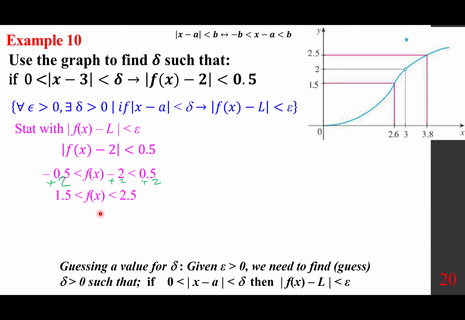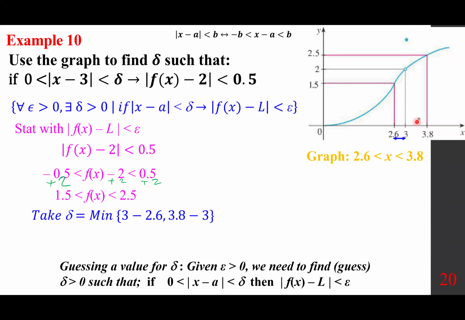Now, what about delta? If you look at the graph, you should always look at the distance and pick the smaller of the two. x is between 2.6 and 3.8, according to the graph. So we have this distance, 3 minus 2.6, and this distance, 3.8 minus 3. This is 0.4, this is 0.8.